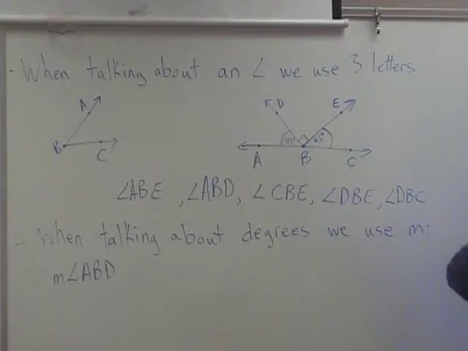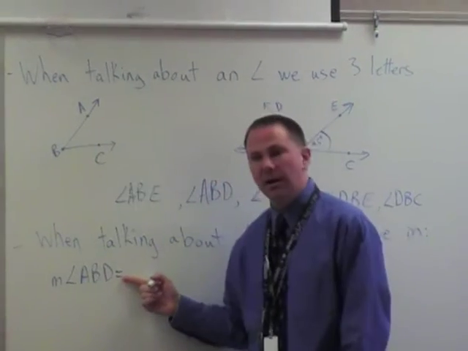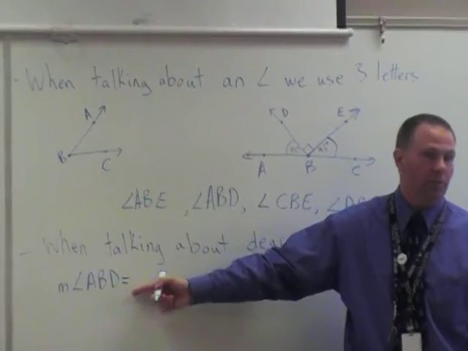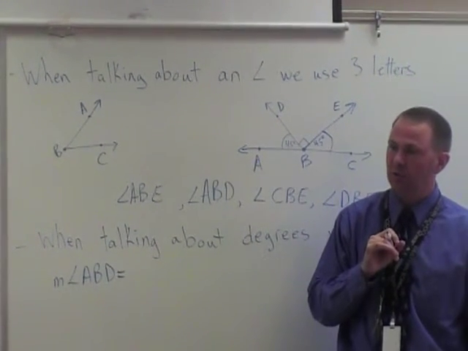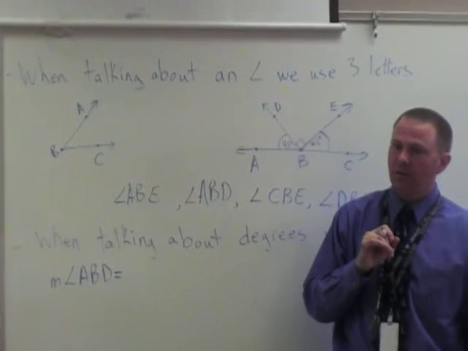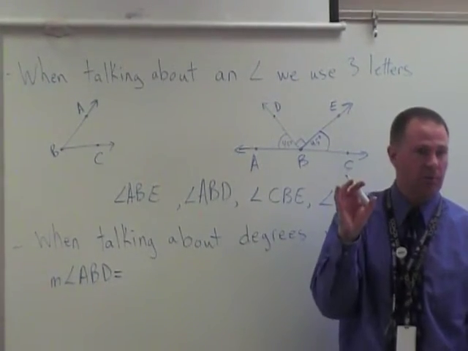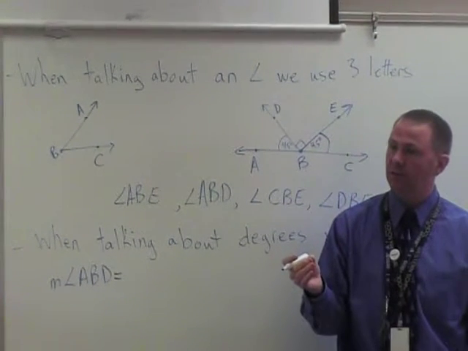Measure of angle ABD. Quentin? 45 degrees. So, when you see the M, we're talking about an equal, a value, an amount, a number. Remember when we talk about congruence and similarity, they have different symbols. But if we're talking about the length of a side of a shape, when we used a number value, you used an equal sign.